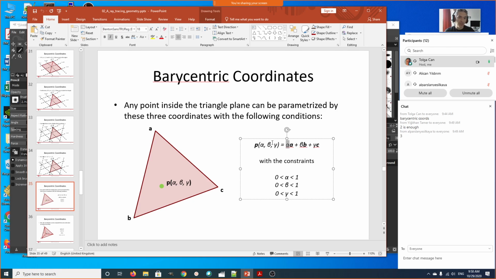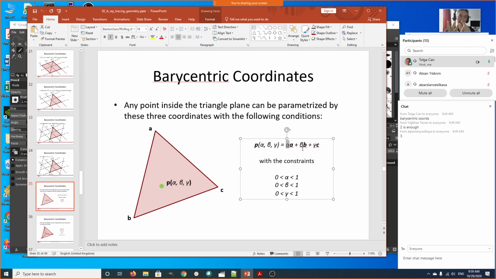Now, here's the solution that we will do. We have two unknown parameters in the triangle equation for any given point, because we don't know the intersection point. When we plug our ray equation into this implicit equation, there will be three unknowns in total: beta, gamma, and the ray parameter t.